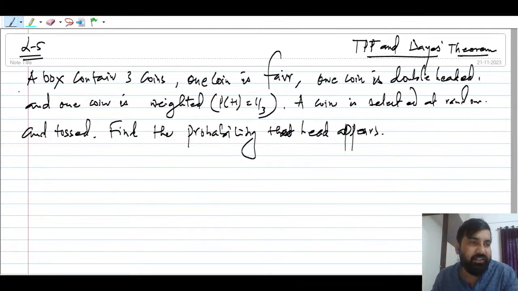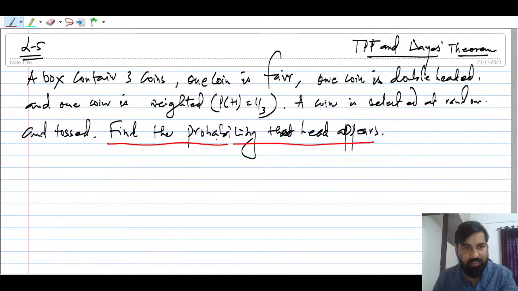Let me solve this question using the tree diagram that I have discussed. In this question, you have to use the total probability theorem. Find the probability that head appears. It is fixed that head will appear, but before that, there are some initial beliefs, right?